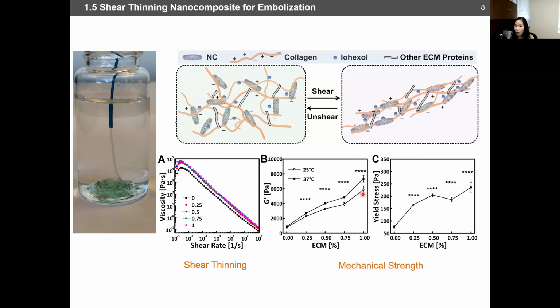Whereas when we have more of the extracellular matrix involved, this G prime, again a storage modulus, increased from the original material itself at 200, but with the introduction of the nanoclay, we were able to tune all the way from a little bit less than 1,000 to almost 7,500 pascal. So the storage modulus, in other words the mechanical stability, got increased significantly. So that's the yield stress that would allow the material to stay within the vasculature and withstand this blood pressure.